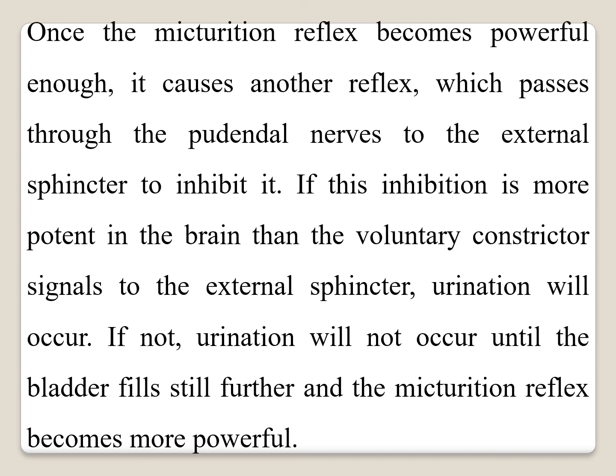As we said, the pudendal nerve contains skeletal motor nerves that control the external sphincter. So if this inhibition is more potent in the brain than the voluntary constrictor signals to the external sphincter, then urination will occur. If not, urination will not occur until the bladder fills still further and the micturition reflex becomes more powerful.